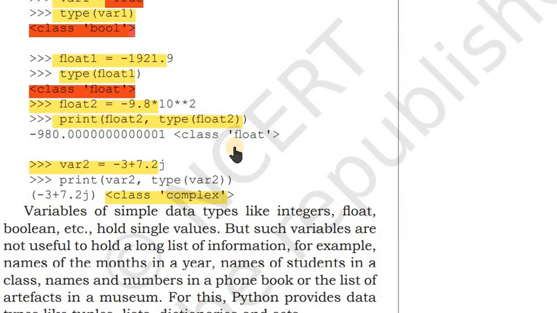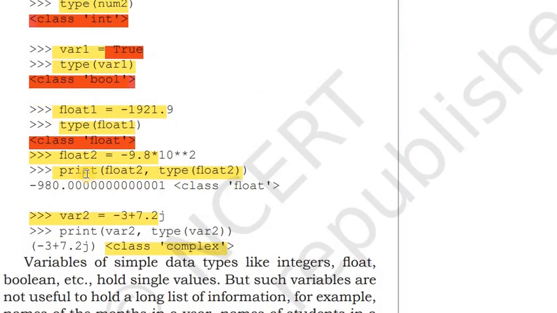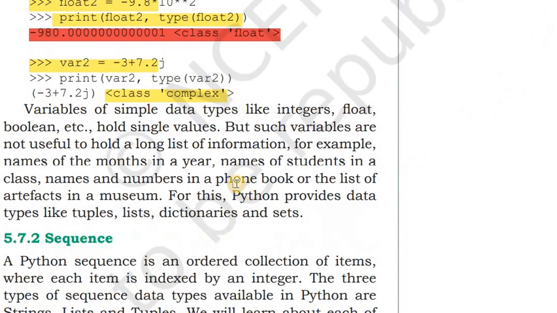Okay, and here you are printing the value of float2. The value of float2 after the multiplication shows minus 980.0, and the type of float2 is class float. Okay, displaying that the type of float2 is float.